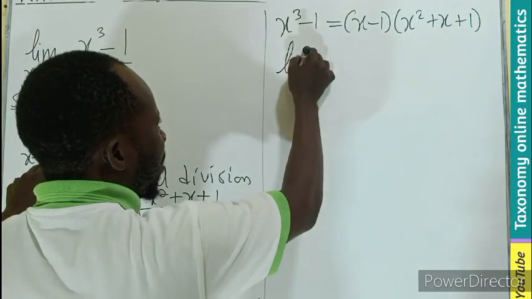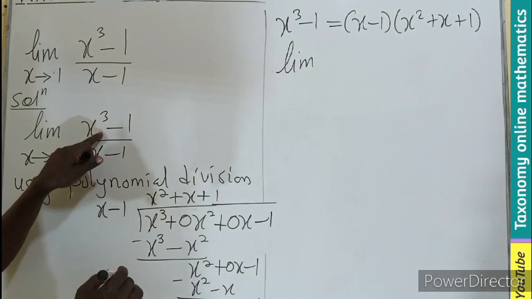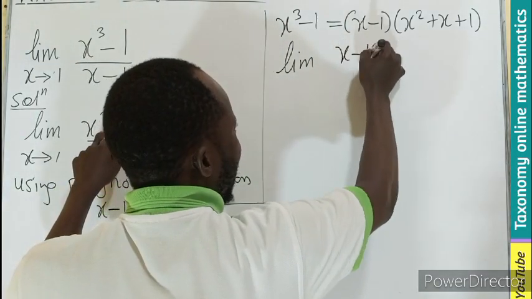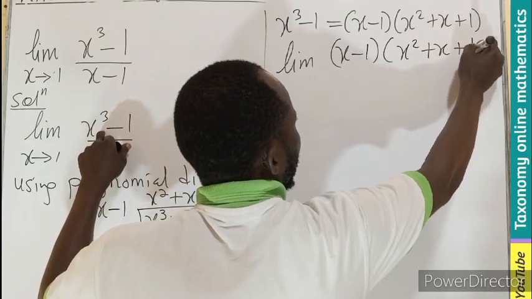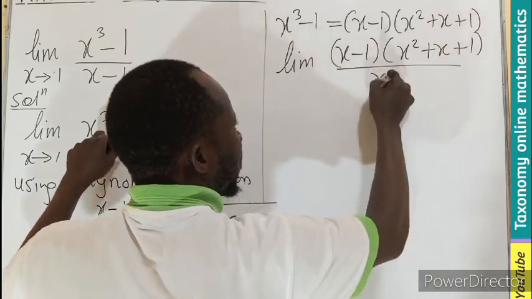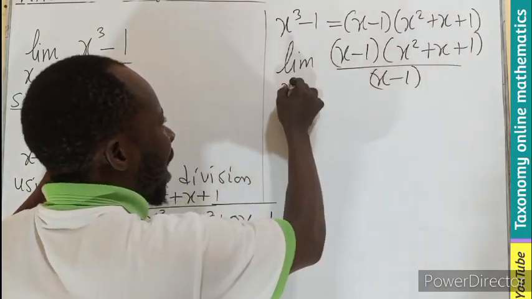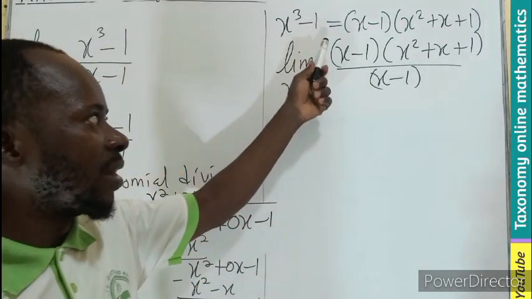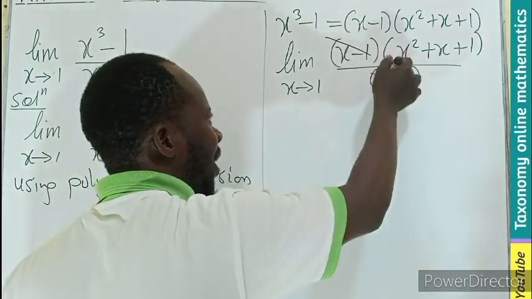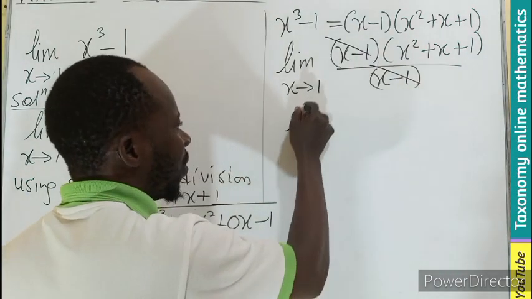So our limit will now become x minus 1 times x squared plus x plus 1, divided by x minus 1, as x is still approaching 1. I believe you can see a common factor in the numerator and the denominator will cancel.